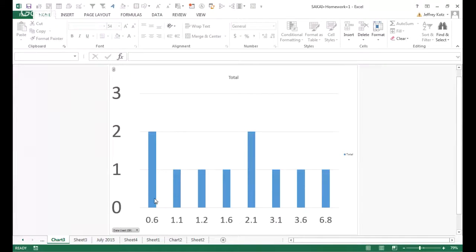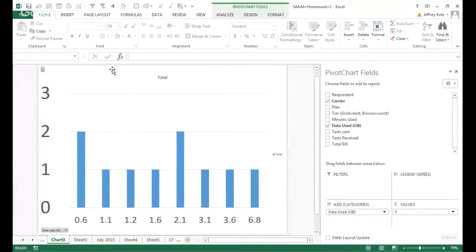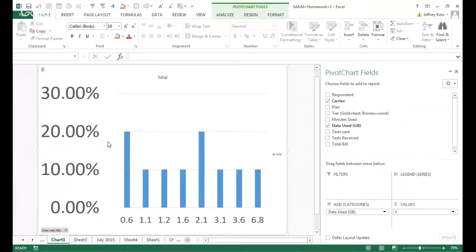Now, if we displayed this not as a frequency but as a percent of the column, we can see that 2 out of 10 is the same as 20%. The shape of this distribution hasn't changed. We've just changed the vertical axis to say relative frequency as opposed to frequency. That's the only way that's different.